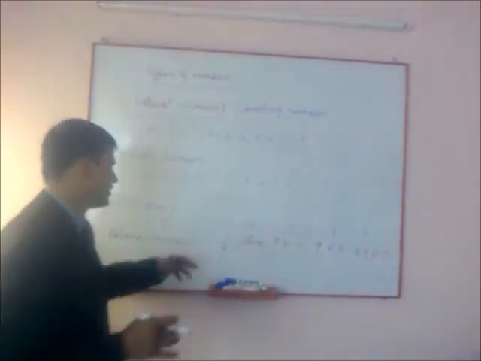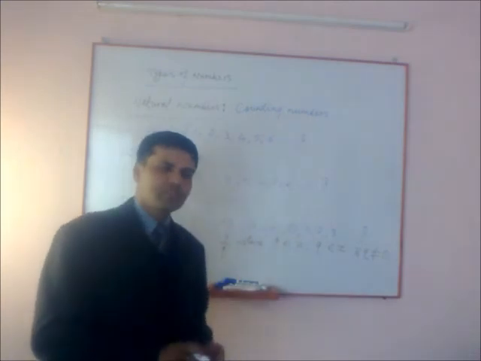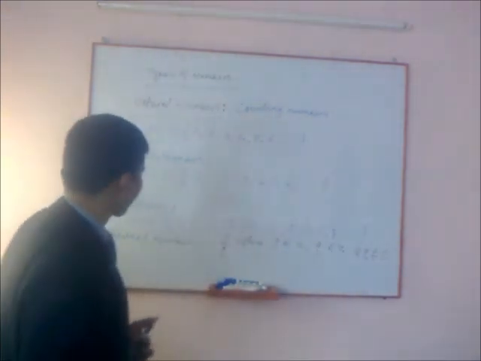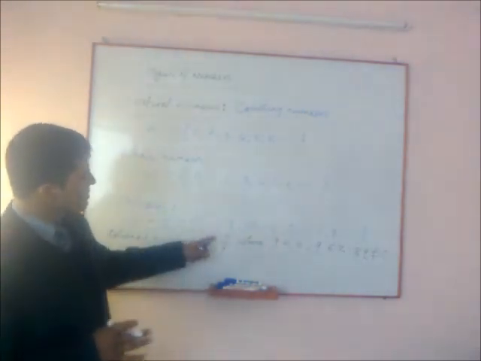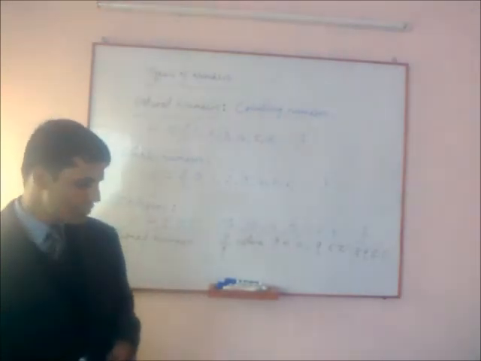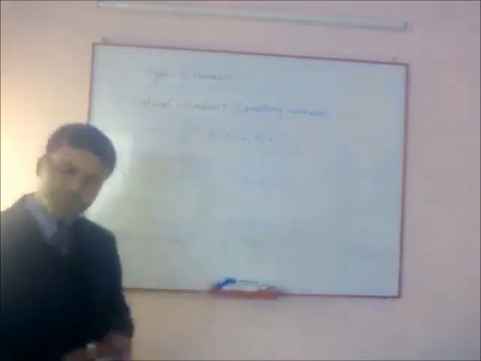It means the denominator cannot be 0. If denominator is 0, then its value is undefined. So any number that can be written in the form of p by q, where p and q both are integers and q cannot be 0.